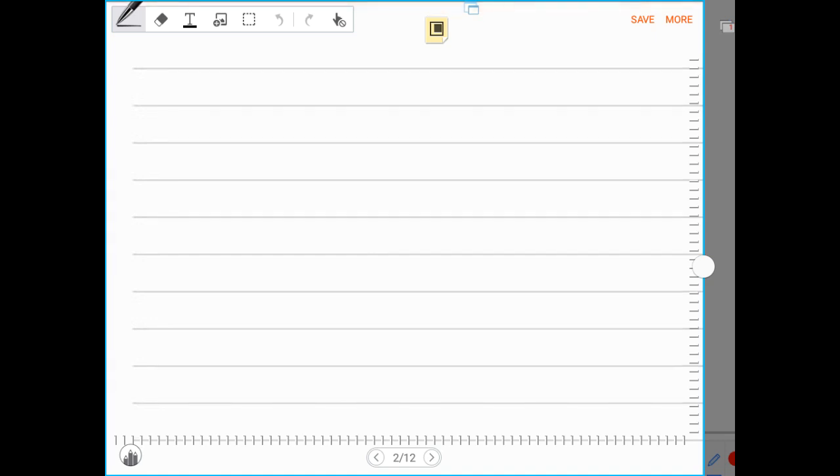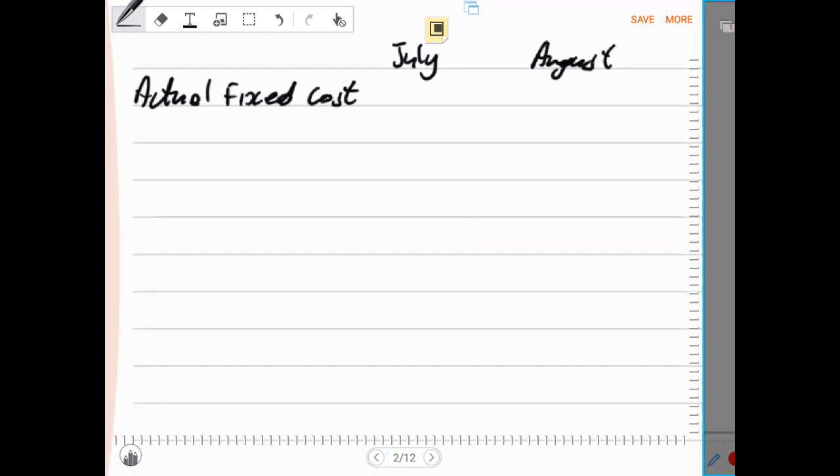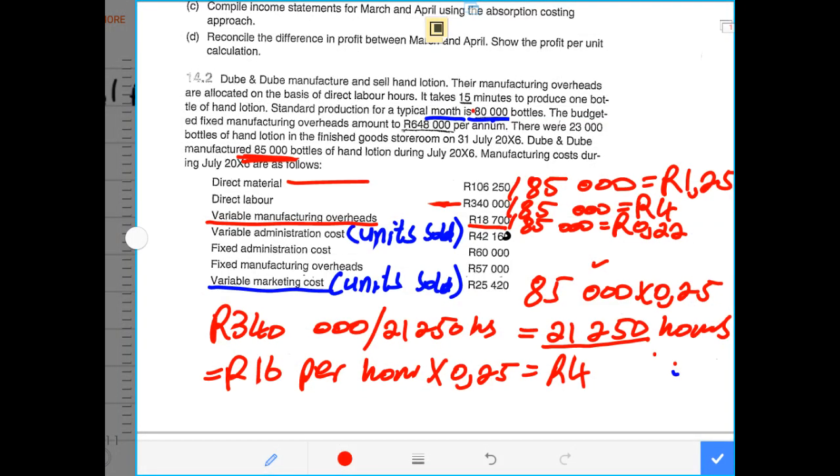So in doing that, we have to say for the month of July and for the month of August, we first have to determine actual fixed cost, and our actual fixed cost, we know that it is an amount of 57,000 rands.